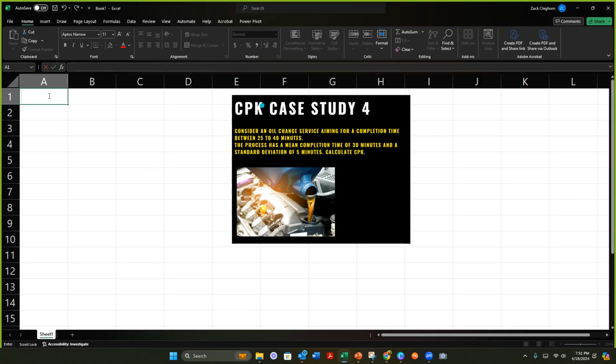So I'm going to go ahead and start building this in our formula. So we have our CPK, right? I typically like to do it in this format. So you have CP, we have our mean, we have our UCL, our LCL, and then we have our sigma value.